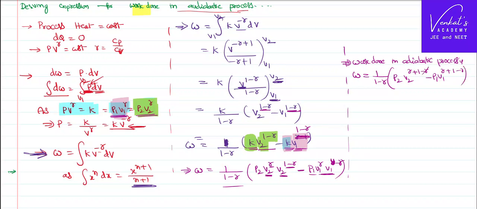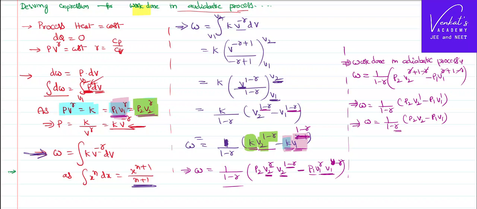So what happens? These gammas will be cancelled. That implies work done is equal to 1 by (1-gamma) of P2 V2^1 minus P1 V1^1. That implies work done equal to 1 by (1-gamma) of (P2 V2 minus P1 V1) is the equation for work done.